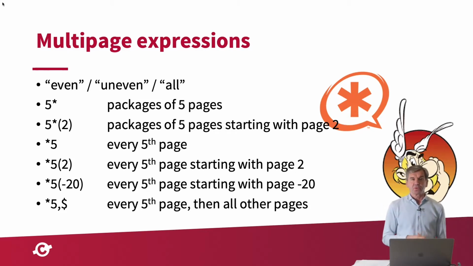And then again, you could use a start page in parentheses. That start page may also be relative to the last page in the document, like -20. And again, you could then combine asterisk 5, so every 5th page, with all other pages in the PDF file.